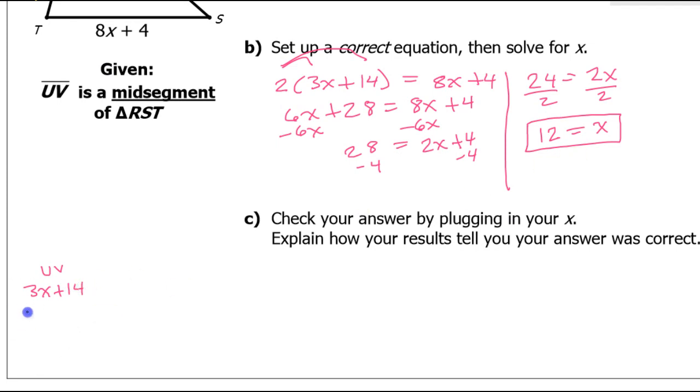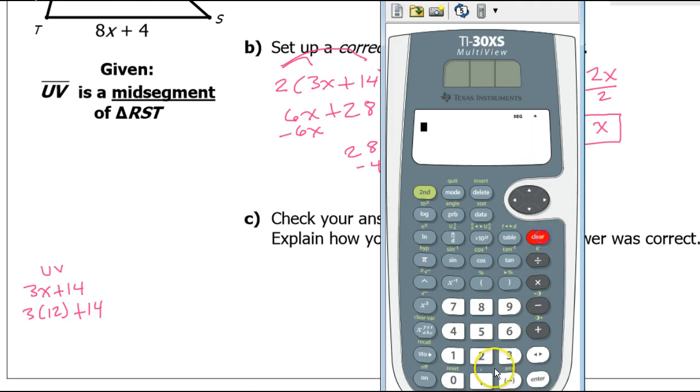If x is 12, then that's 3 times 12 plus 14. Okay, and that is 50.